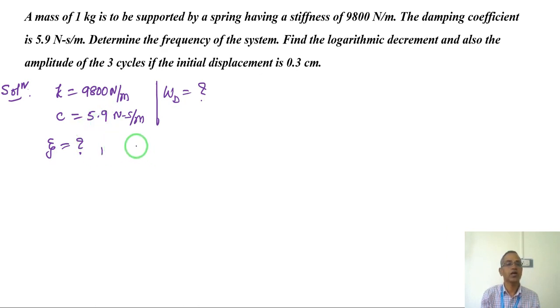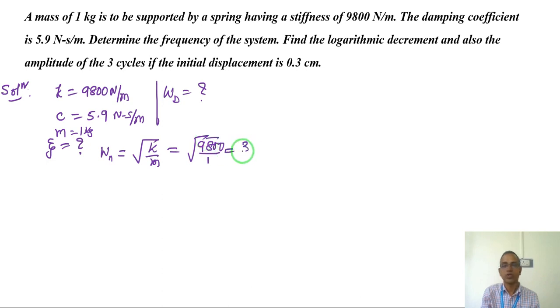So for that, first I can find out the mass is given, m is 1 kg. So I can find out the undamped natural frequency, which is root over k by m, which is equal to root of 9800 by 1, which gives me 31.3 radian per second.